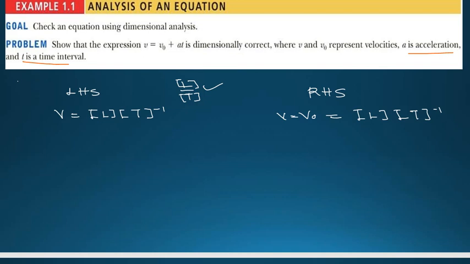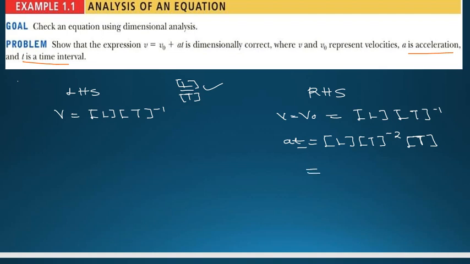So let's now deal with acceleration times time. What is acceleration times time? Acceleration, we already know, is L t to the power negative 2. What about t? T is t now, capital letter, raised to the power positive 1. So here is how we do things, guys.